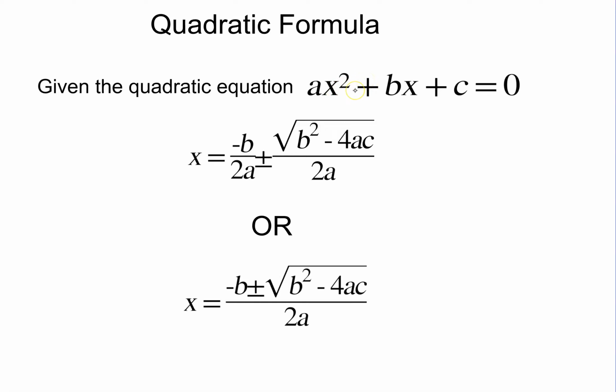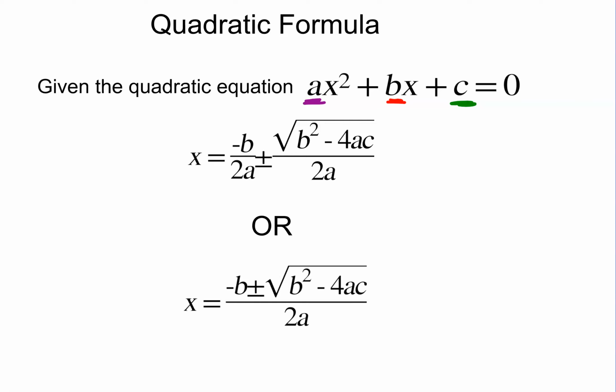Before we talk about the formula, we have to understand the context for it. Given any quadratic equation, we call the coefficient of the x squared term a, the coefficient of the x term b, and the constant term at the end c.